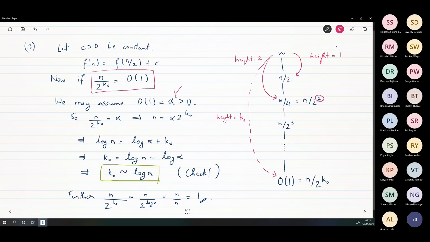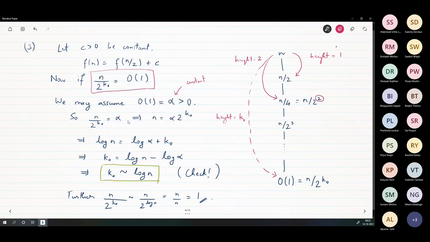So alpha is a constant. n by 2 to the k naught is equal to alpha, which means n is alpha times 2 to the k naught. Now you can take log on both sides because you want to find k naught.